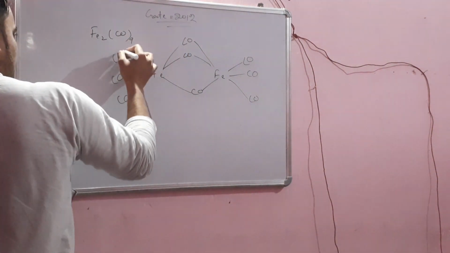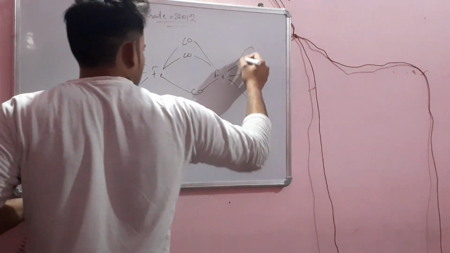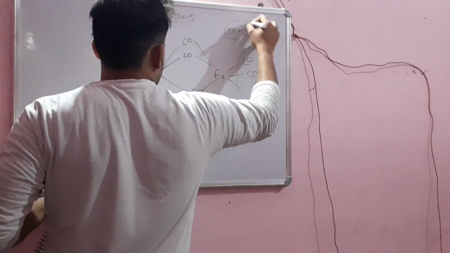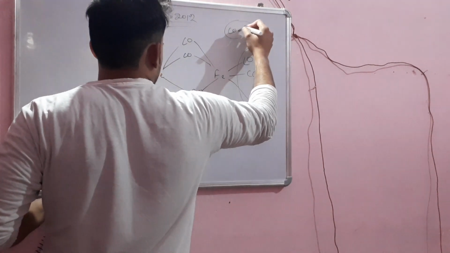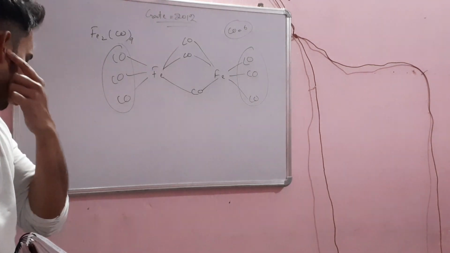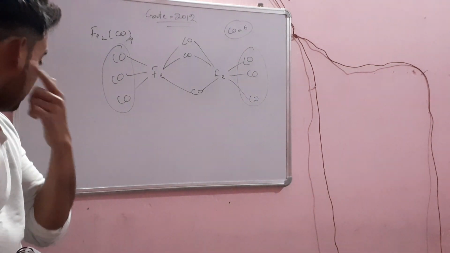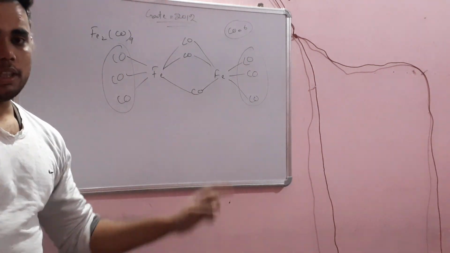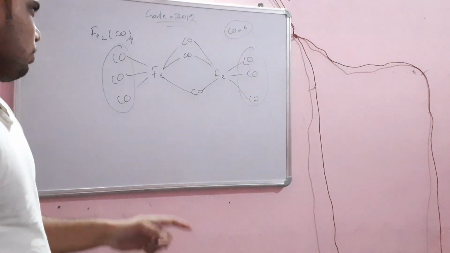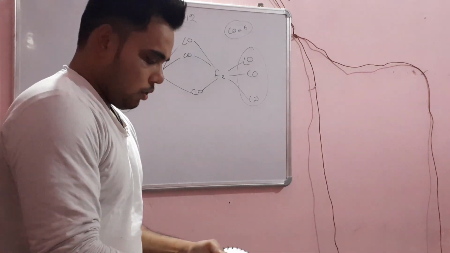There are 3 here and 3 here. Total CO are 9. The terminal CO attached to this compound number 6, so 6 is your answer for this question.